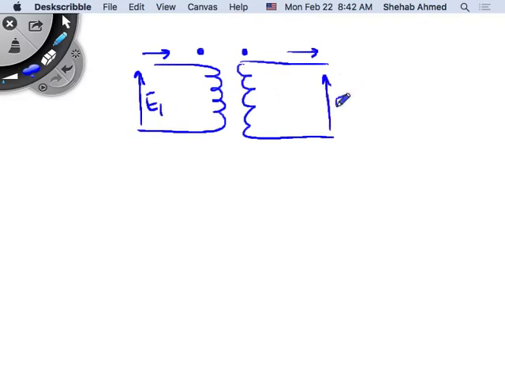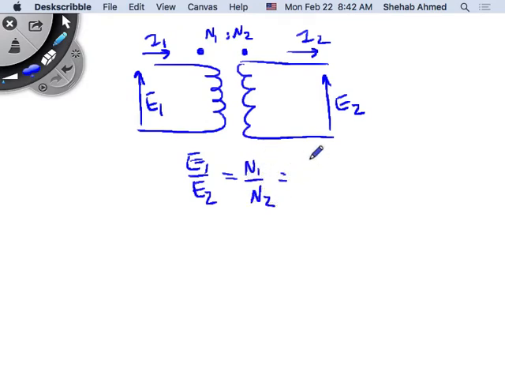This is E2 or V2, correct? And this is I1, and this is I2, right? So what if I do this? And then here, E1 over E2 equals N1 over N2 equals I2 over I1, correct? This is the ideal transformer that we have, right?